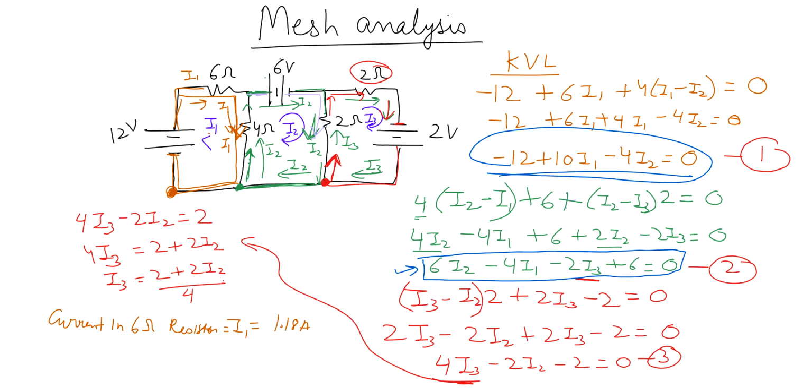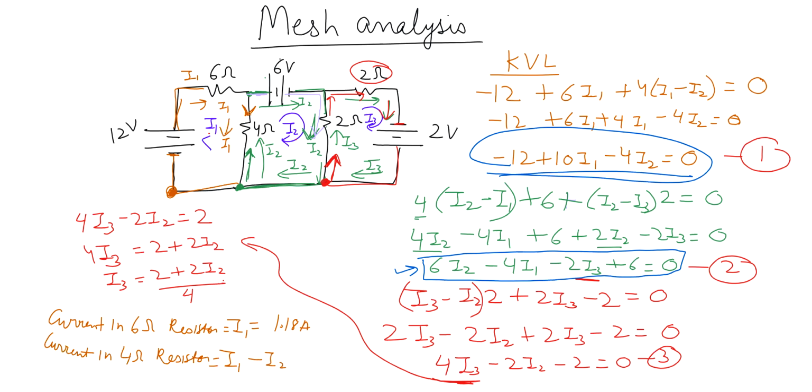What will be current in 4 ohm resistor? So now in 4 ohm resistor we are sharing current due to loop 1 and loop 2, right? So let's suppose because of loop 1, the direction of I1 is this way. Because of loop 2, direction of I2 is opposite. If I take the direction of I1, then I will put here I1 minus I2 as a current in 4 ohm resistor.